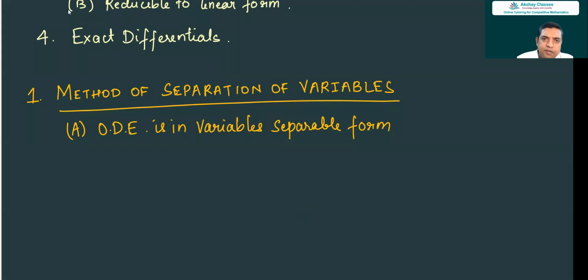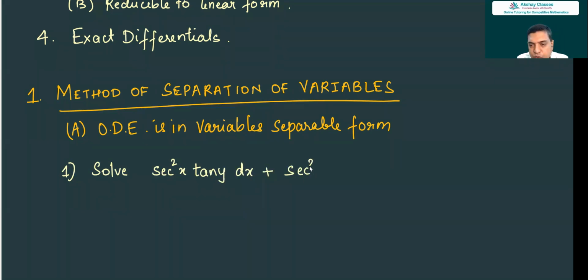We'll take examples and then show it, separation of variables. So solve, for example, this one: secant square x tan y dx plus secant square y tan x dy.